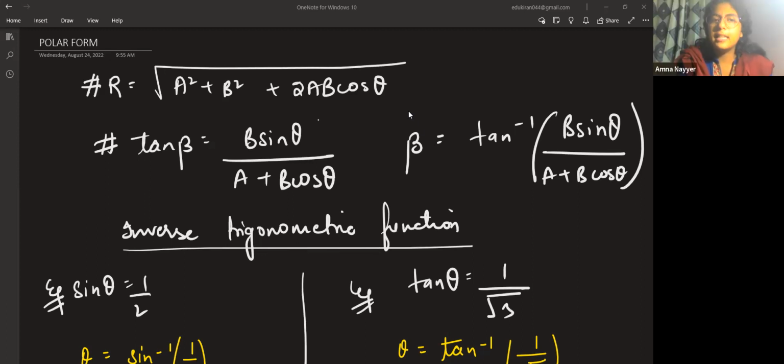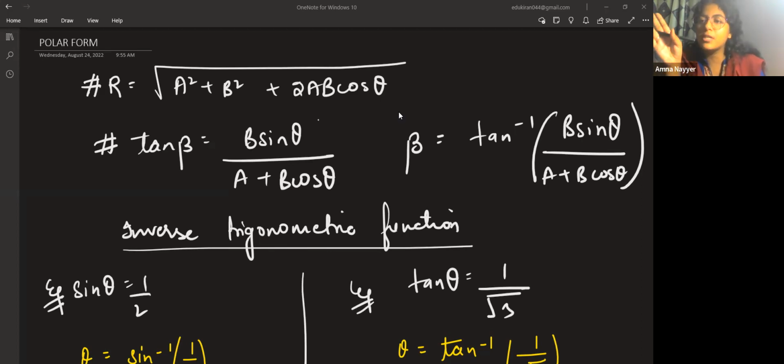So, in the last class, we had started with the parallelogram law. I've already told you that this is a very important law. R is equal to under root A square plus B square plus 2AB cos theta, where A and B represent the two adjacent sides of the parallelogram, and they subtend angle theta between them. So their magnitude is calculated in this manner.